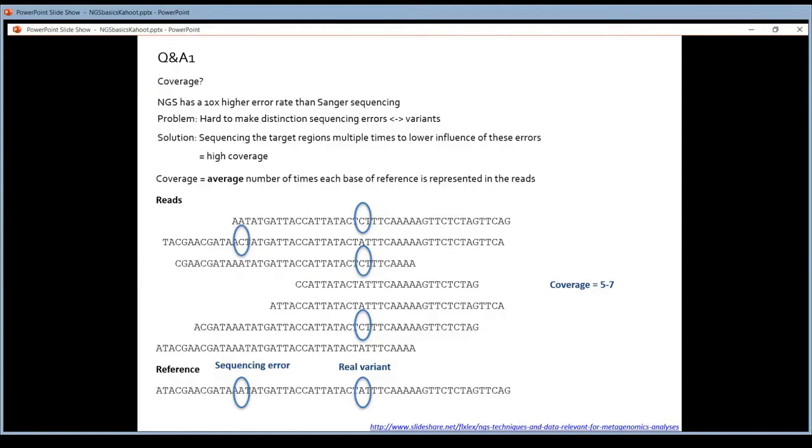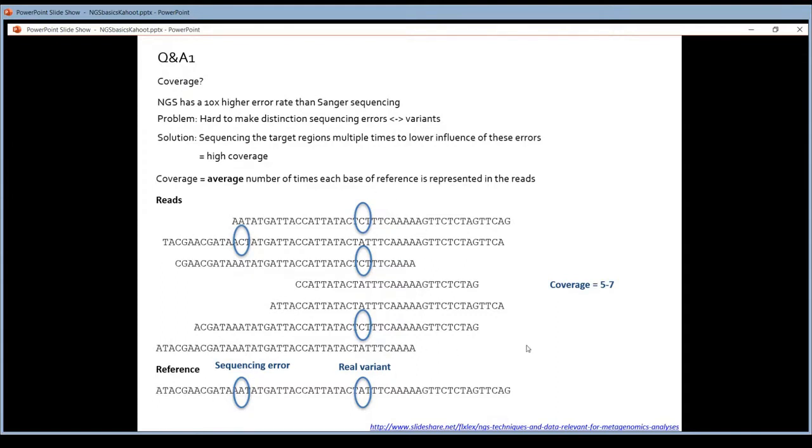So what is the solution to be able to do this? The solution is to sequence a lot, so that every part of the genome, or every part of the transcriptome for RNA-seq data, is covered in multiple reads. This is what you see here in this example.